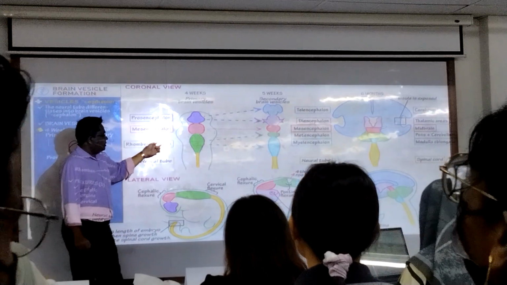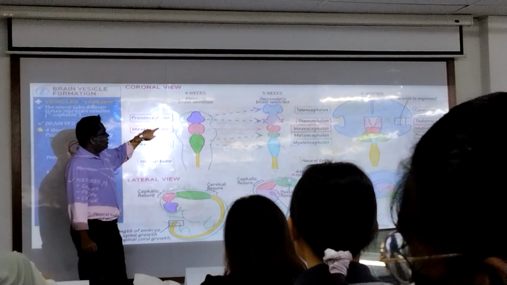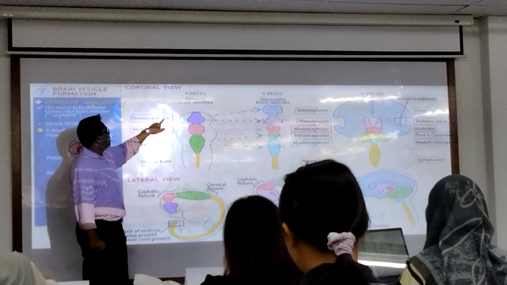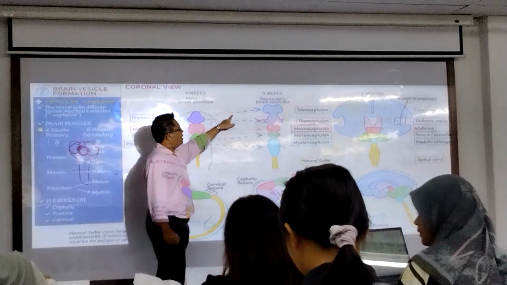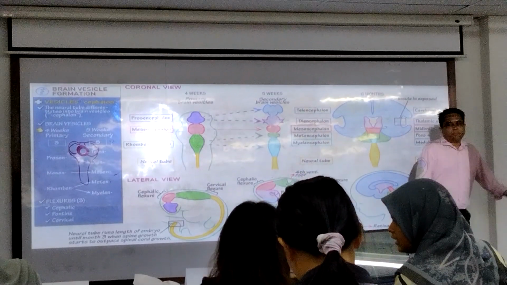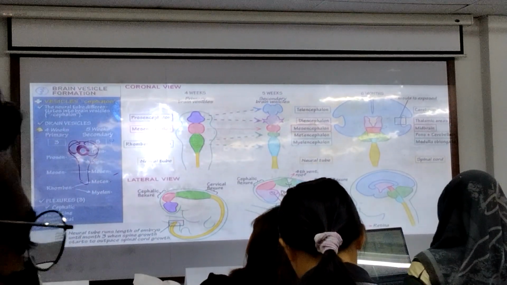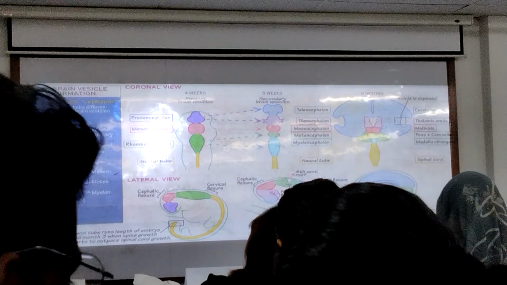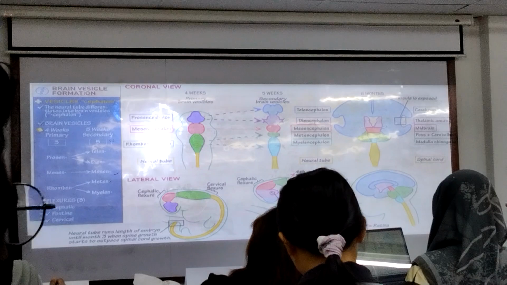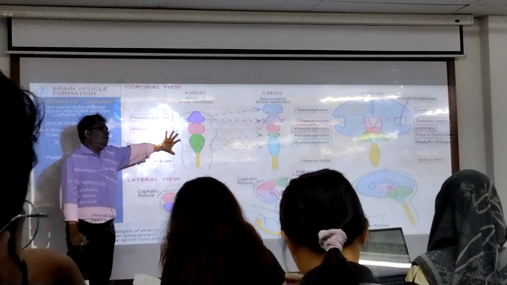If you look at here, most of the structures develop somewhere from the prosencephalon. So here we have the cerebellum, and here the cerebellum. So if you look at it in terms of the relations, what we have now is only this.